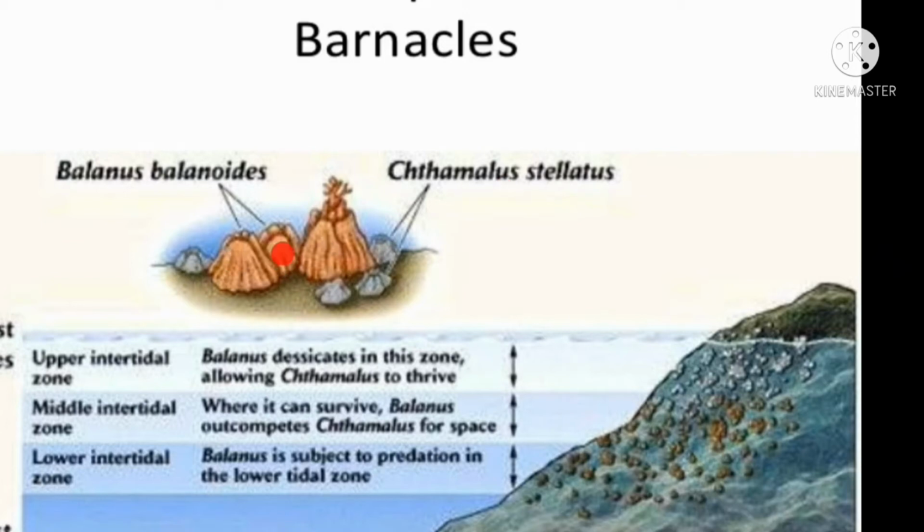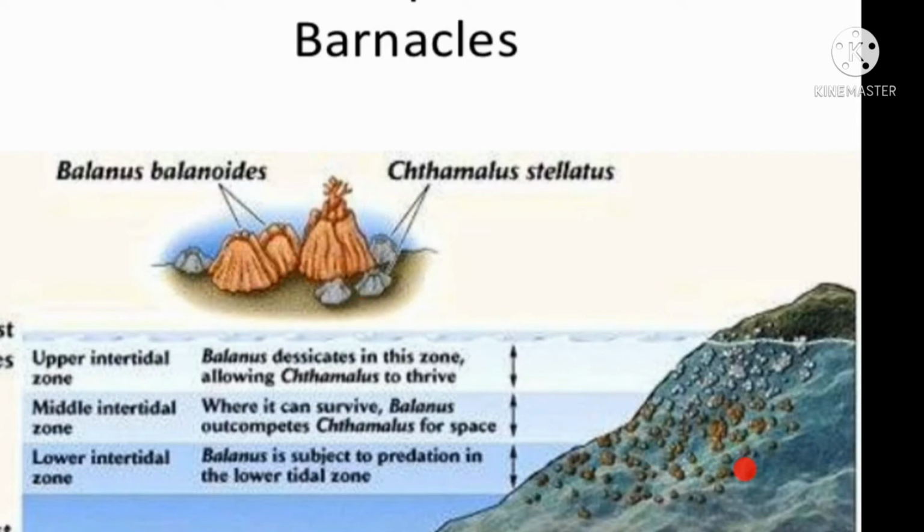Since the Balanus barnacle is bigger in size and has a somewhat higher feeding efficiency, the Chthamalus is not able to compete with the Balanus. So its spreading will reduce. Chthamalus will not be able to spread widely. Balanus succeeds there.